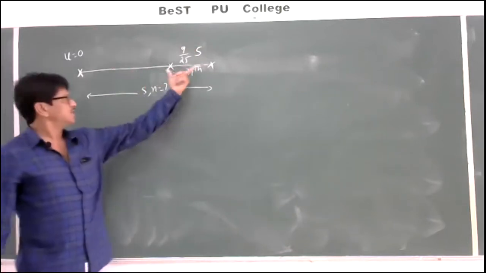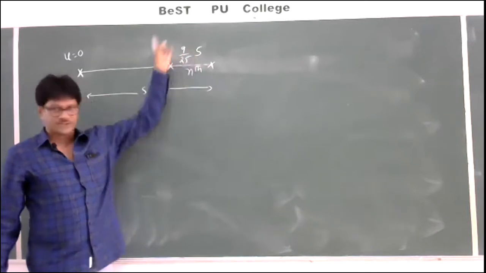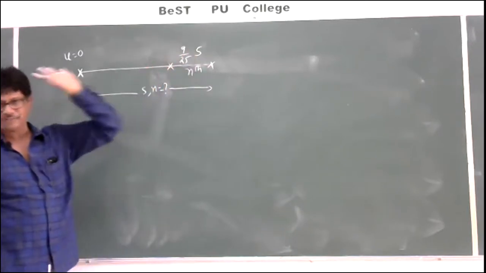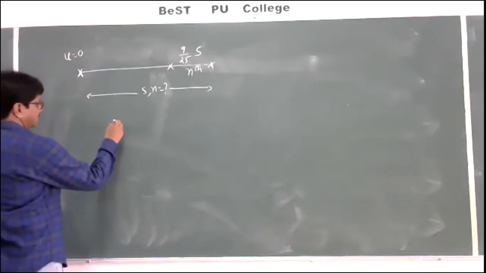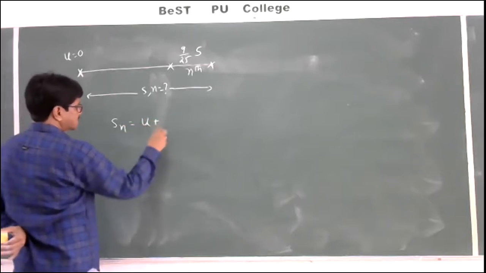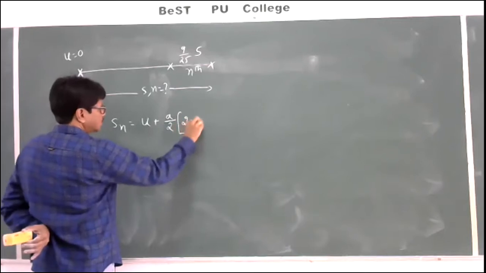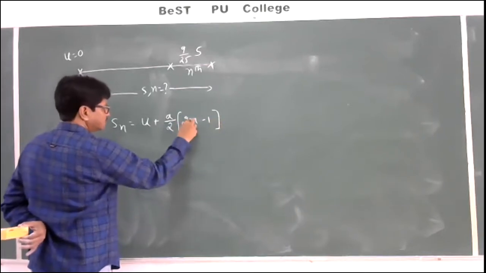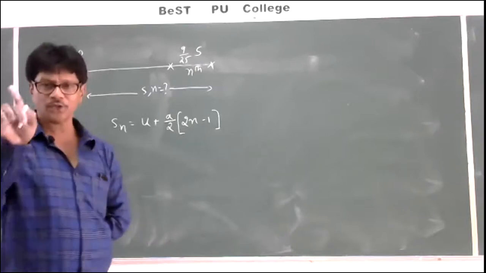So how much distance is traveled in the nth second? Now, Sn is equal to u plus a by 2 into 2n minus 1. We don't know the n value; n value only we have to find.